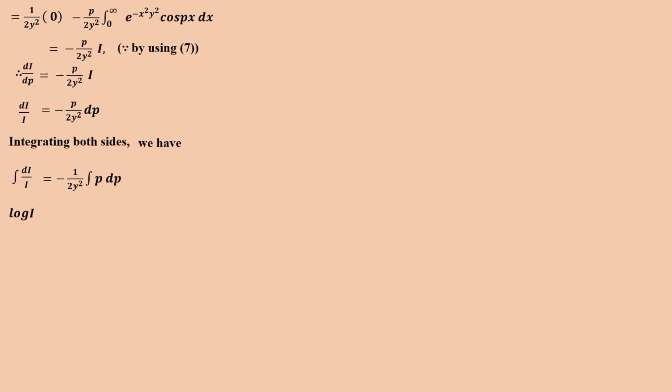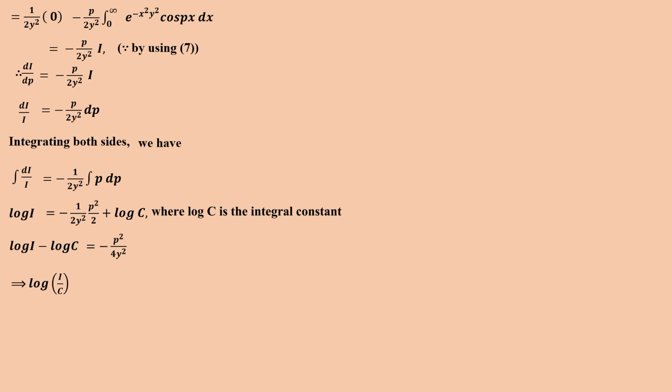So integration of dI by I is log I, which is equal to minus 1 by 2 y square times p square by 2 plus log c, the integral constant. Now grouping log on one side, log I minus log c is equal to minus p square by 4 y square.